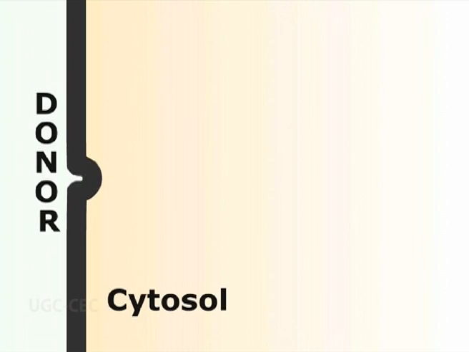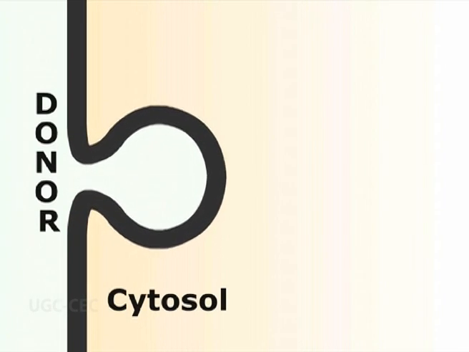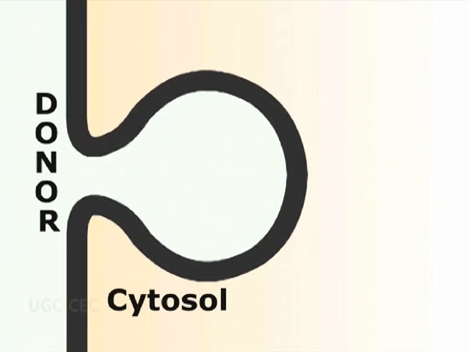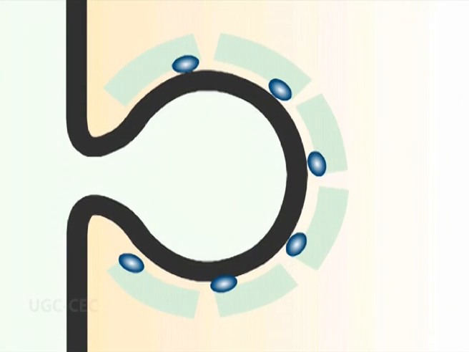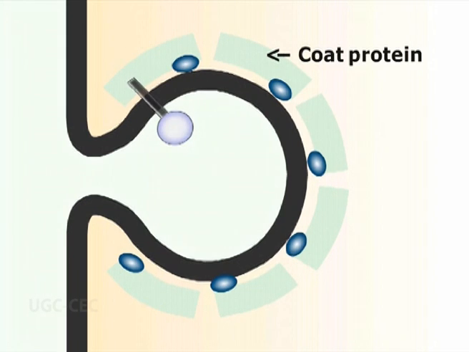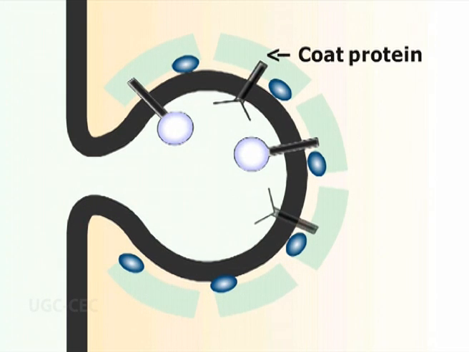So now we will see this common theme of vesicular transport. The bud formation from the donor organelle is initiated by polymerization of a set of soluble proteins known as coat proteins on the outer side of the vesicle to form a protein vesicle coat.